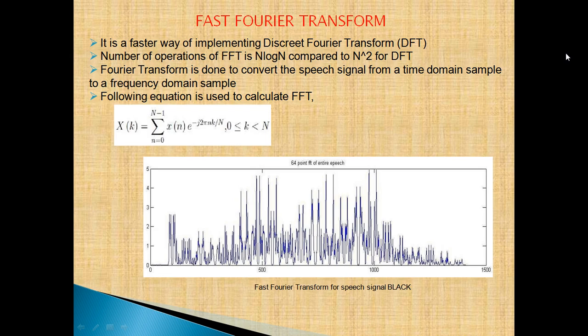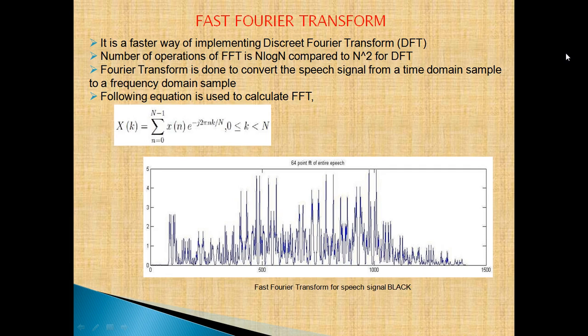The DFT takes a lot of operations, so what we are doing is using FFT, the fast Fourier transform. The fast Fourier transform helps us in reducing the number of required operations from n square operations for DFT to n log n operations for FFT. The equation for calculating FFT is also given there.